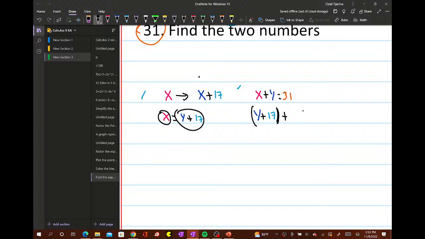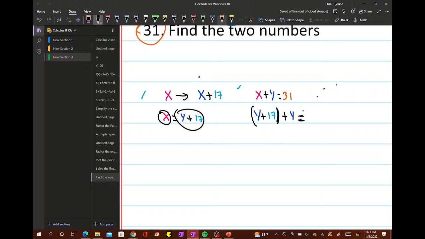And then we know that plus y will be equal to 31, right? So we can say that y plus 17 plus y is equal to 31.